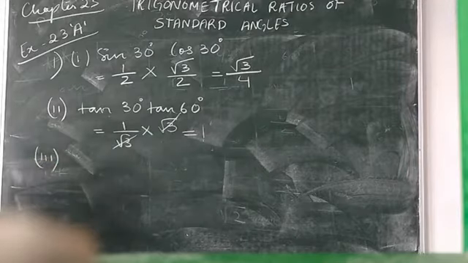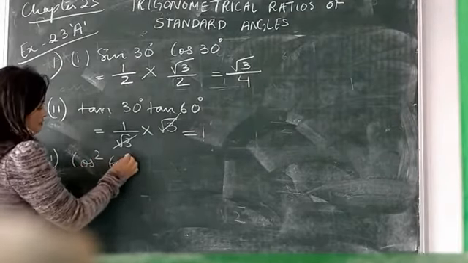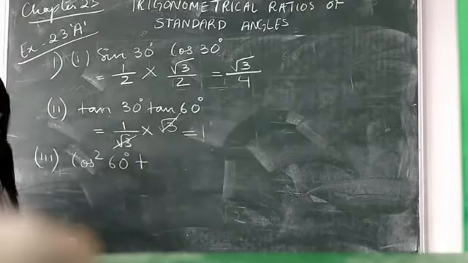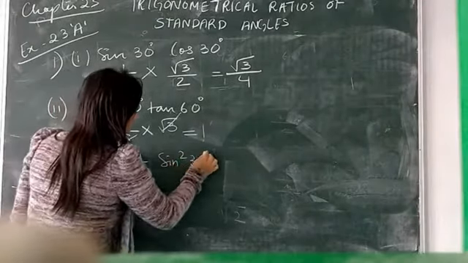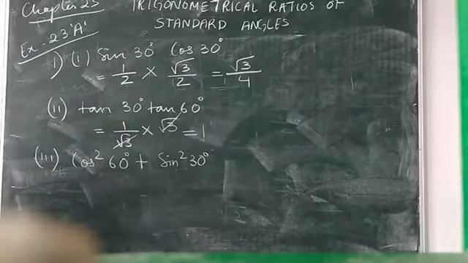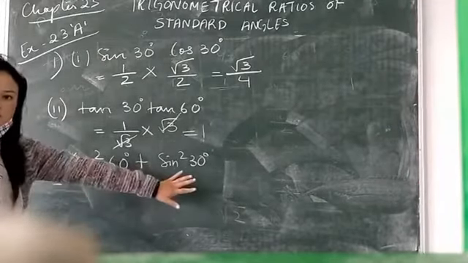Okay, number 3. We have cos squared 60 degree plus sin squared 30 degree. Now, cos 60 and sin 30 will have the same value.